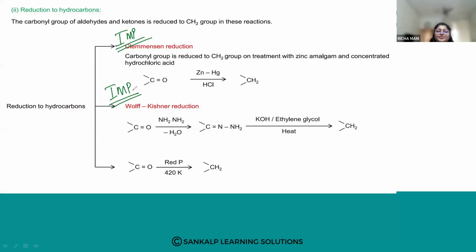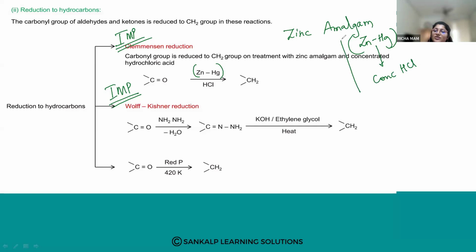So let us see. First one, the Clemmensen reduction. The carbonyl group is reduced to a CH2 group. How are we reducing it? We are making use of zinc amalgam, that is ZnHg, in the presence of concentrated HCl.